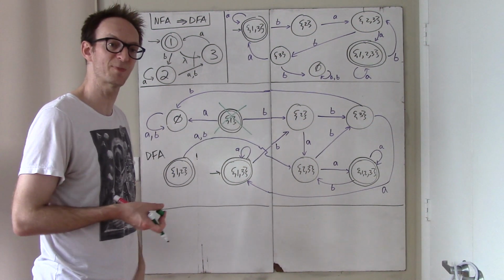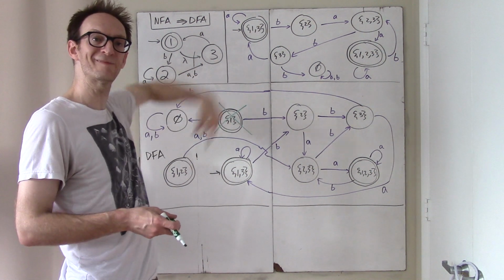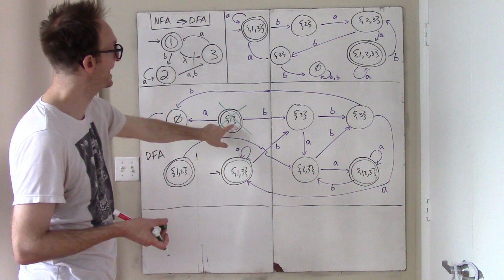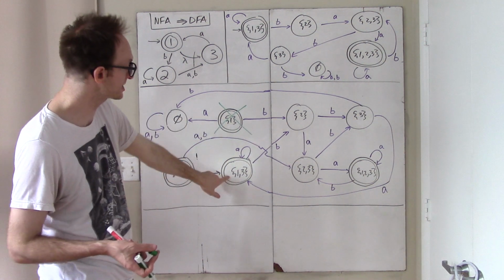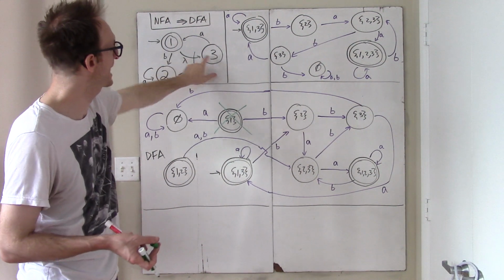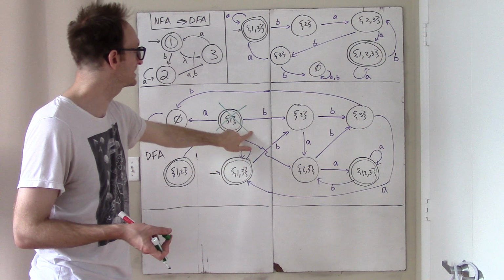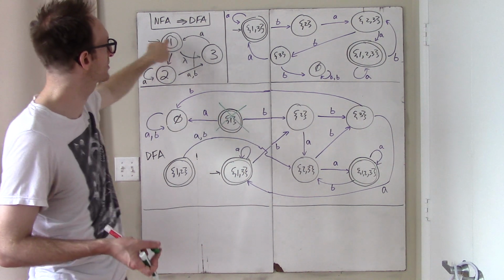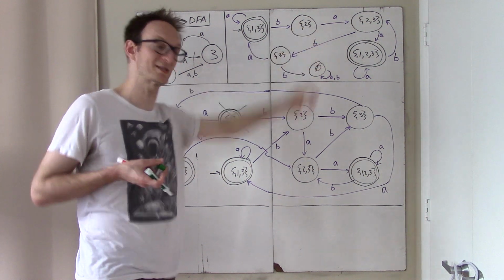You can see that because there is no path in the directed graph of states to this state. There are no arrows leading to this state. That's because we start simultaneously in state 1 and 3, and no path ever leads to state 1, because any time in the computation that we're in 1, we're also in 3. And so I just never made that state because it was a waste of time.